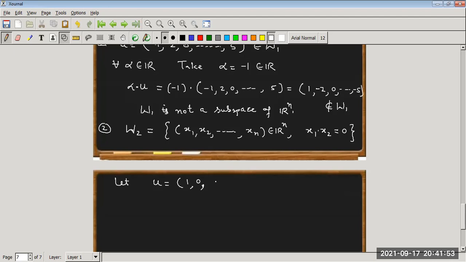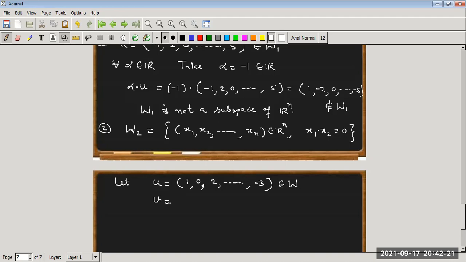But there is no restriction on x3, so you can take 2, 3, 5, any non-zero or 0 element, or let it be 3, -3. Right? So this belongs to Rn. This belongs to W, because the product of the first element x1 and the second element x2 is equal to 0. W2 contains the elements in which the product of the first two entries is 0.